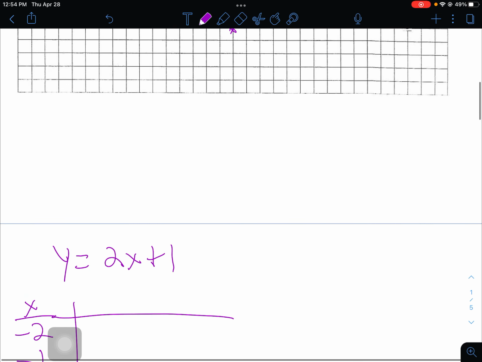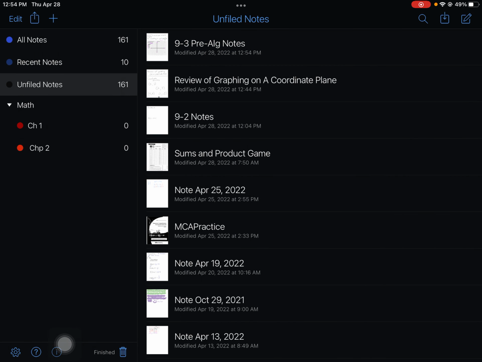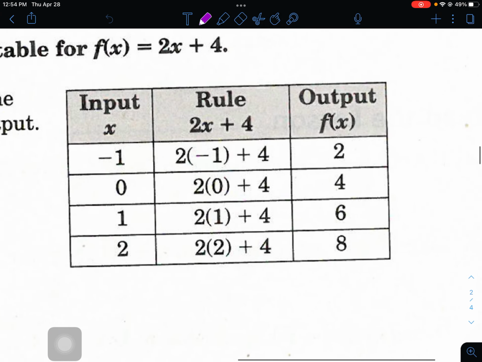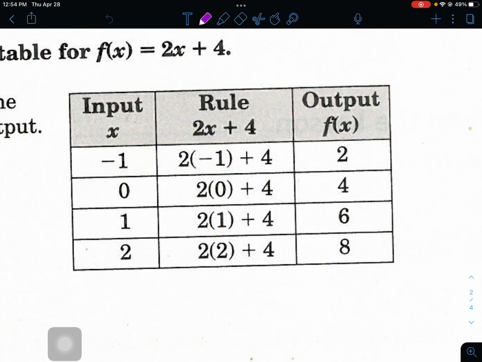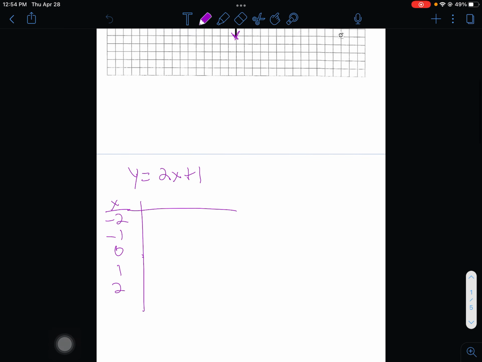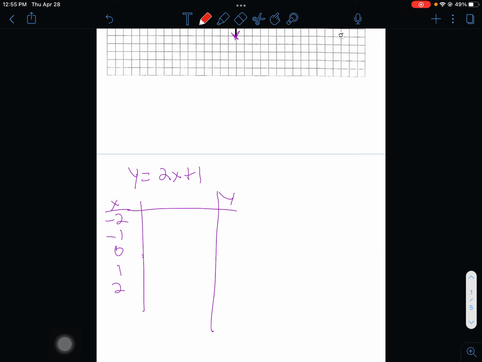This might remind you of the tables we filled out on Thursday. That's essentially what we are doing, but now we're going to talk in terms of x and y's. So I'll put my y here. Let's put in -2. Remember, when we are putting things into a function, all we do is get rid of the x with a set of parentheses, and then we can do a little math behind it.